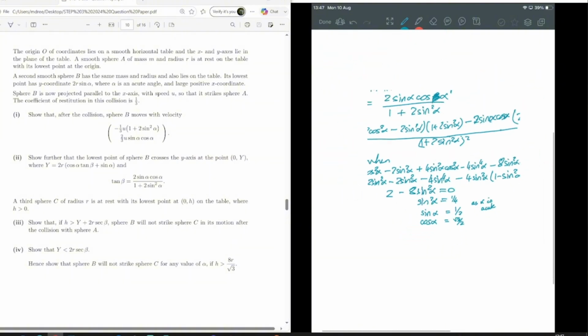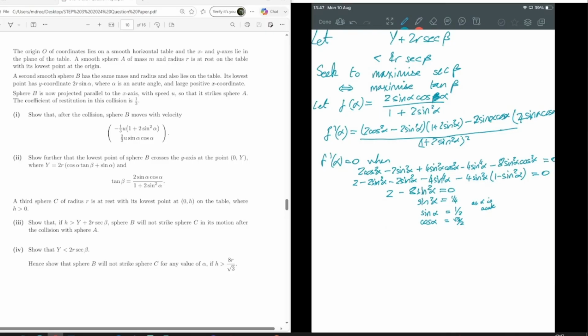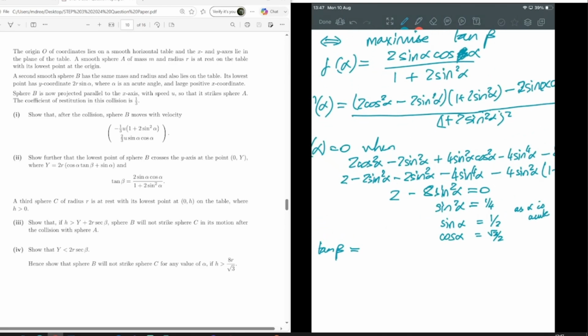Knowing that little pairing is quite helpful, which then means that tan beta, which was what we were trying to focus on, which is f of alpha, is 2 lots of a half, lots of root 3 over 2, over 1 plus 2 lots of a quarter.